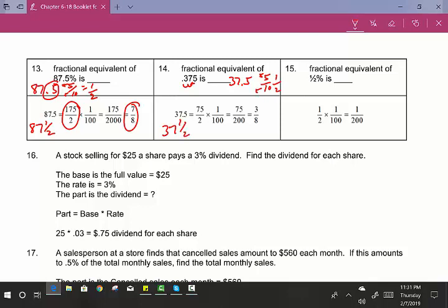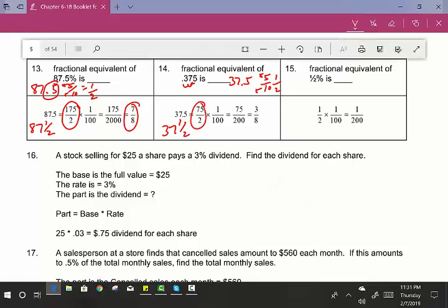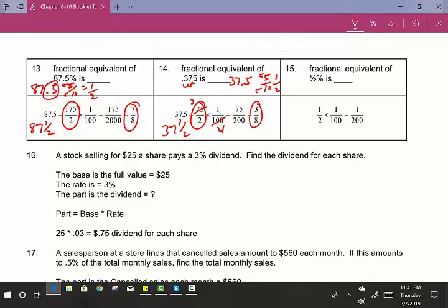Convert that mixed number into an improper fraction. So 37 times 2 is 74, plus 1 is 75 over 2. Take it times 1/100th. And I can break this down. 25 will go into 75 3 times. And 25 will go into 100 4 times. So 3 times 1 is 3. 2 times 4 is 8. So 3/8 is your final answer as a fractional equivalent.